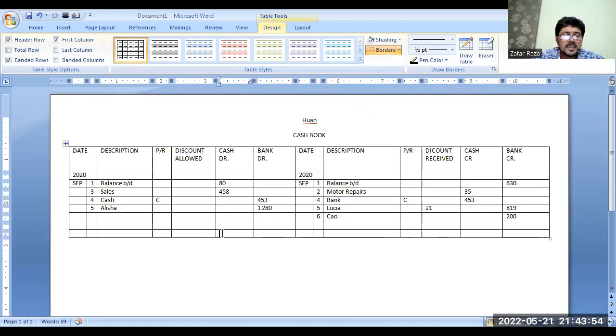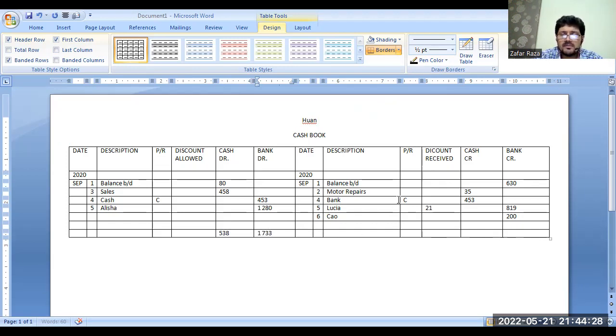Here the total would be 80 plus 458, 538 is the total here. Now total here, 453 plus 1280, and 1733.